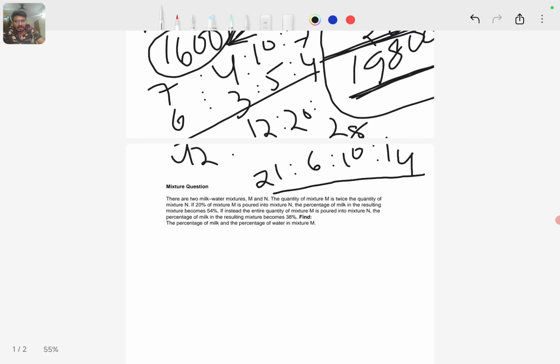In this ratio this profit should be distributed. So I will add this ratio, 21 plus 6 is 27, 27 plus 10, how much? 37.